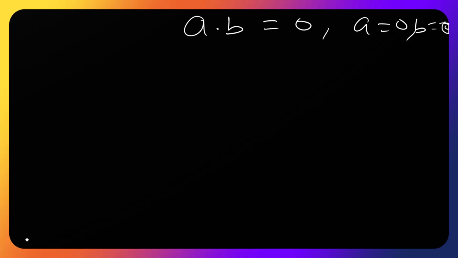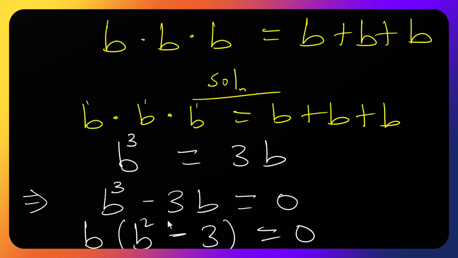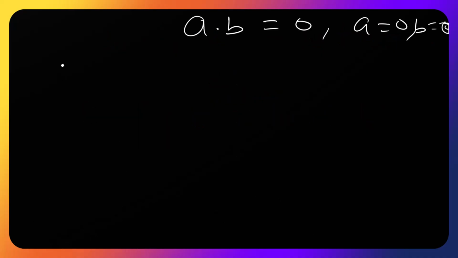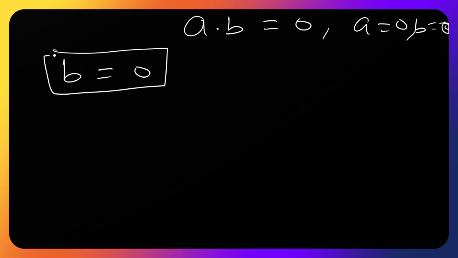Now, with the zero product, a times b equal to 0 means a is equal to 0 or b equal to 0. So b times b squared minus 3 means b equals 0. That's the first solution, or b squared minus 3 equals 0.